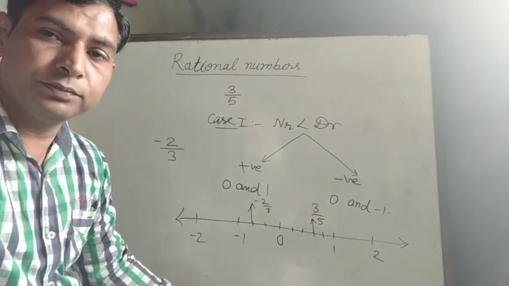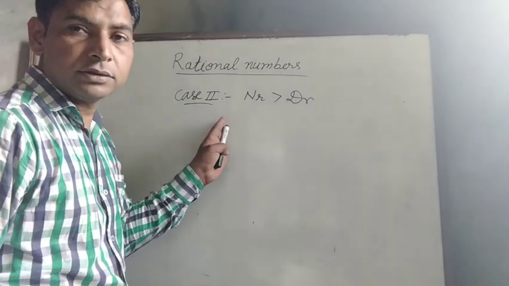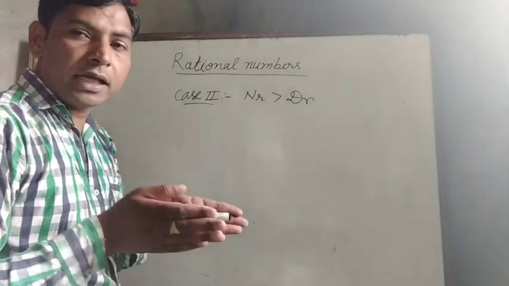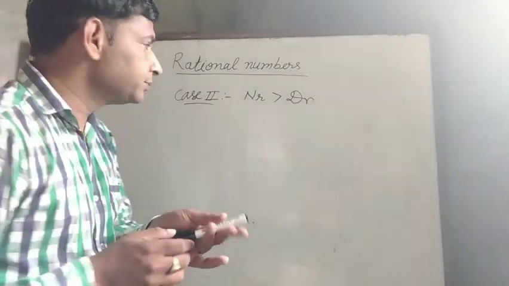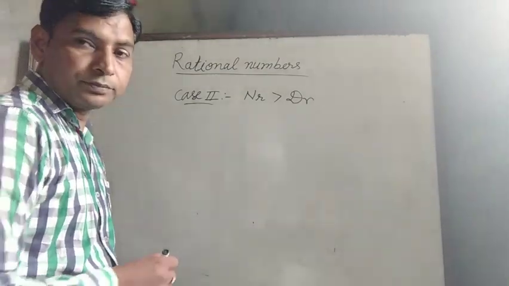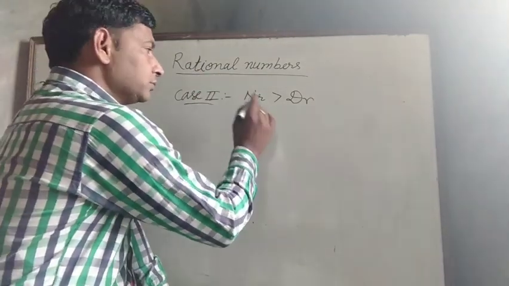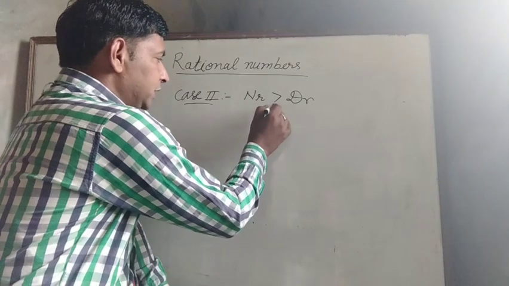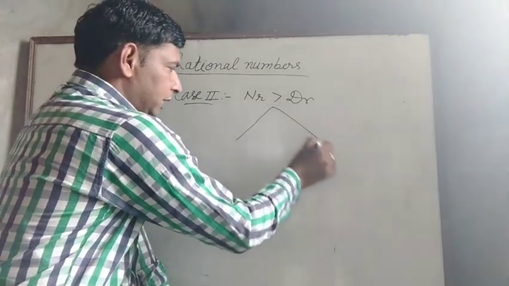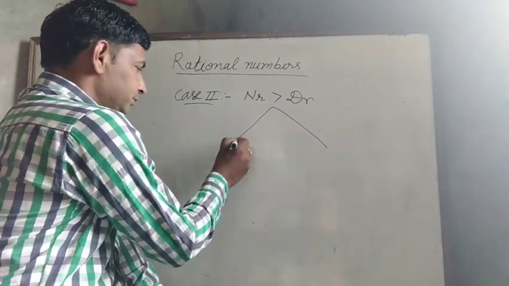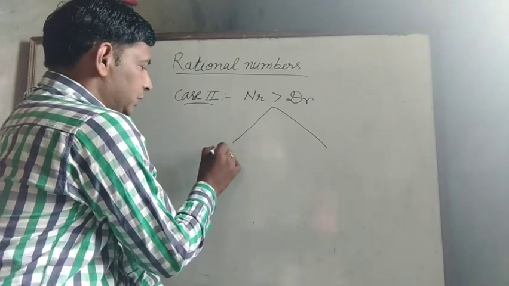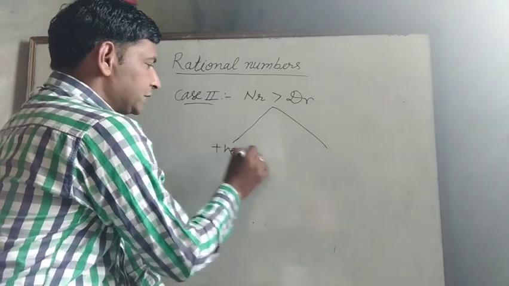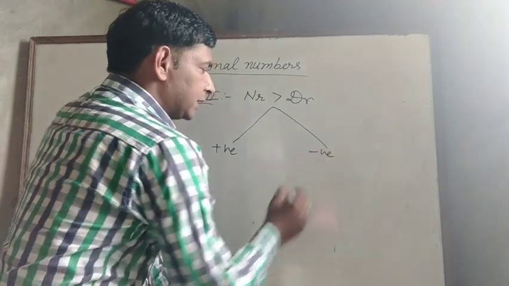Now, case second: the numerator is more than the denominator. In this case, we also have two more cases, positive and negative.